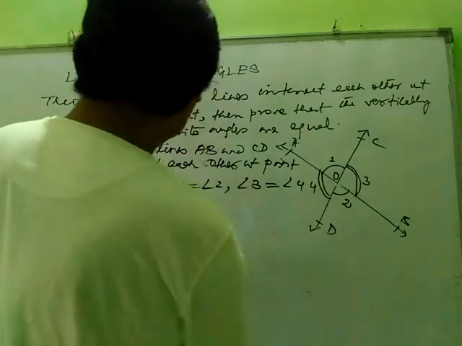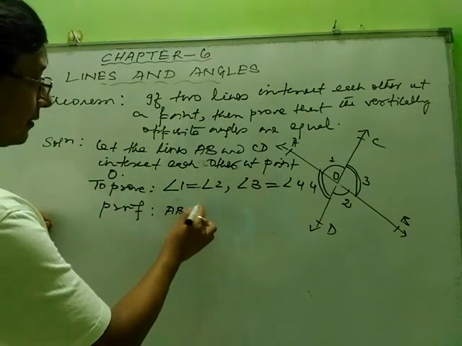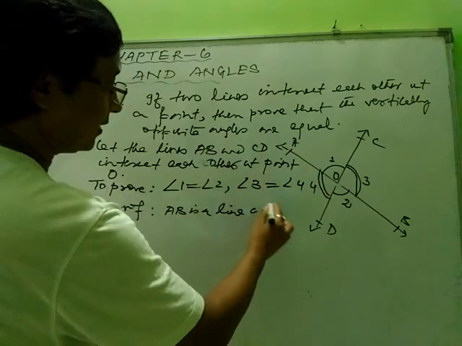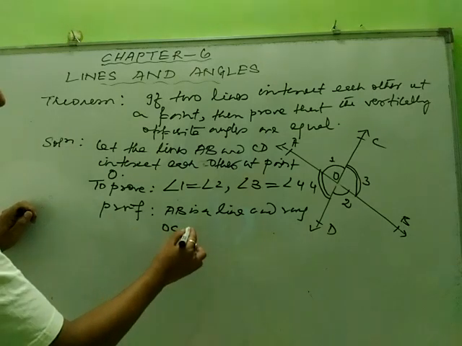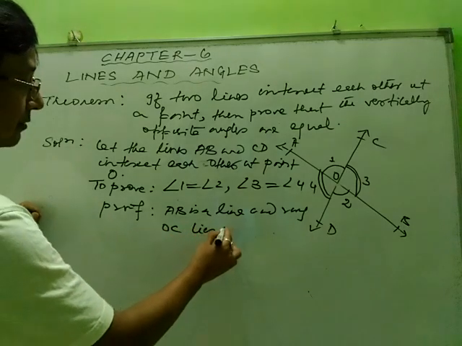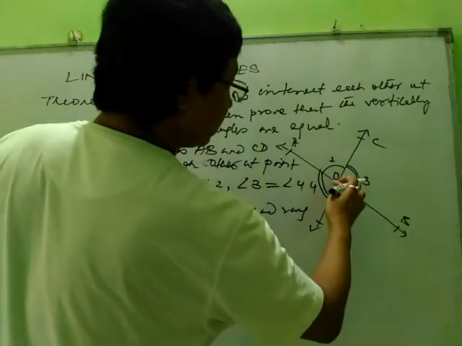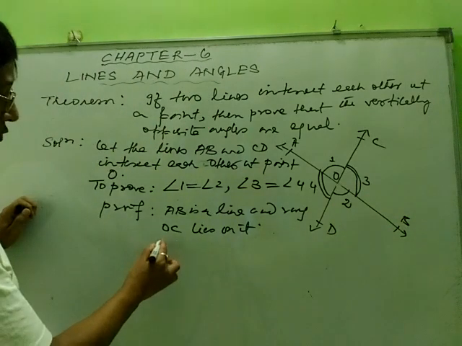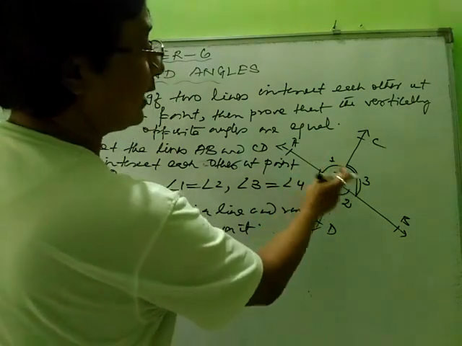So now here AB is a line, and ray OC lies on it. This is the line, this is the ray, this ray falls on the line AB. As a result, you will get these two adjacent angles, 1 and 3.